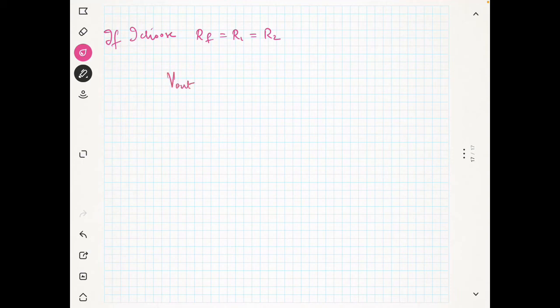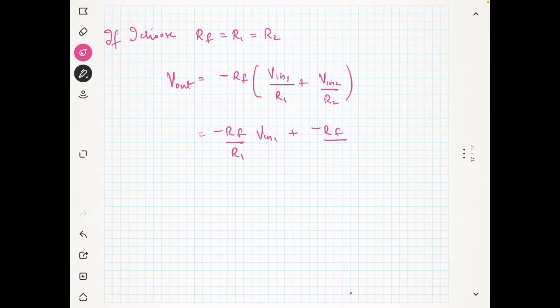My output was minus RF into V in 1 divided by R1 plus V in 2 divided by R2. If I choose all of these the same, then you see I can cancel out. If R1 equal to RF equal to R2, then all this will cancel out. For example, I can write minus RF by R1 into V in 1 plus minus RF by R2 into V in 2.